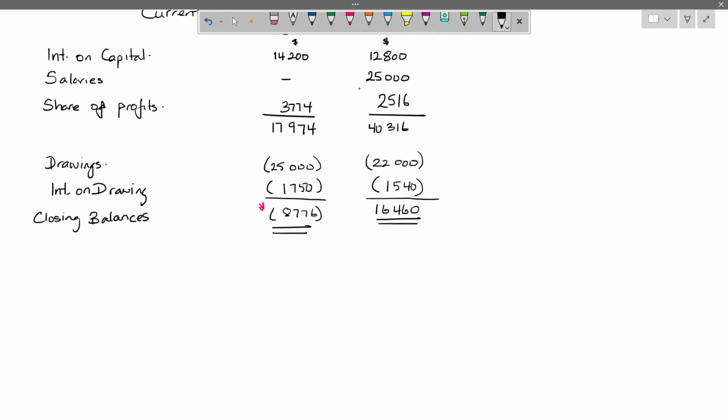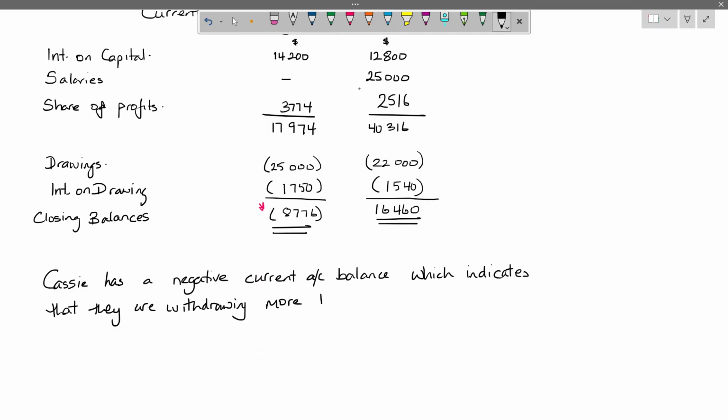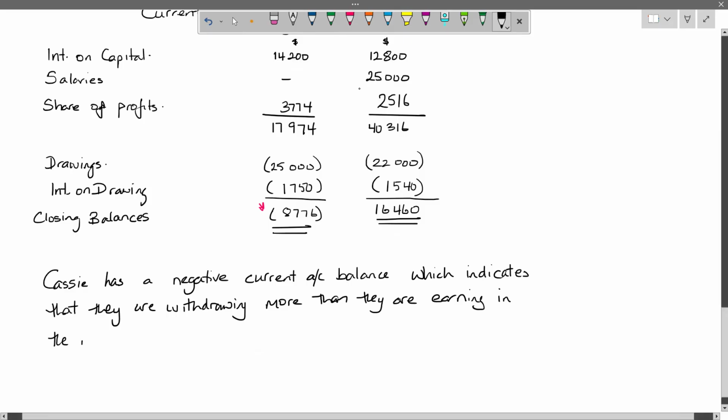So Cassie has a negative current account balance, which indicates that they are withdrawing more than they are earning in the partnership.